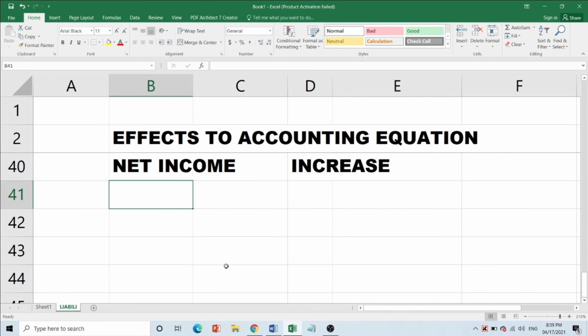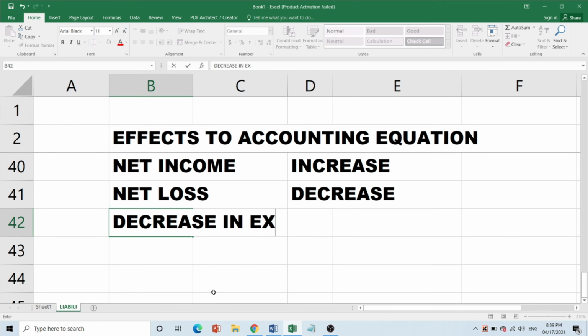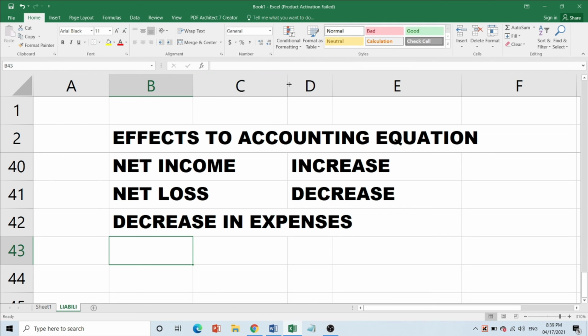While kung net loss ang operation, effect po niyan is decrease sa ating equity. Tama? How about yung expenses? Decrease in expenses. Yan. Bumaba ang yung expenses.